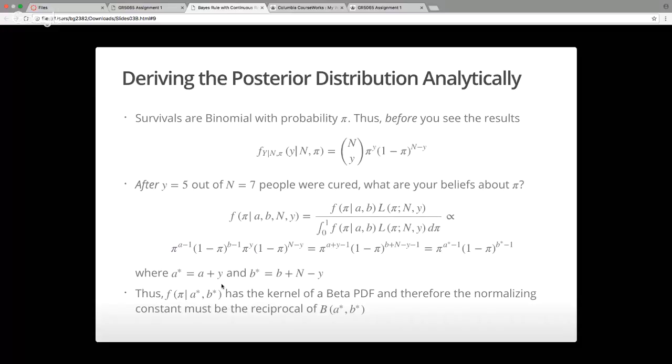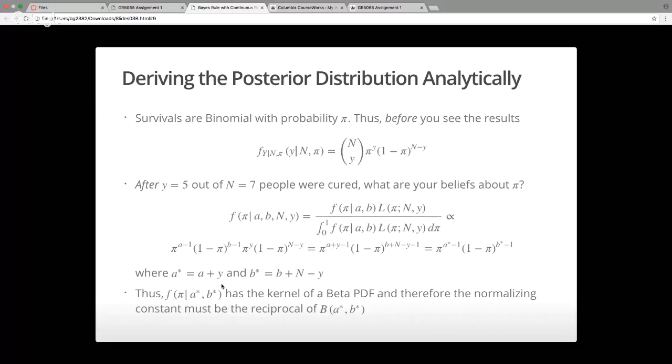So when we see it here, it's a function of y. There can be different values of y. But when you get data, 5 out of 7 people were cured, you're not going to be evaluating it at y equal 2, y equal 3, etc. So it's not a function of y anymore. It's a function of pi.